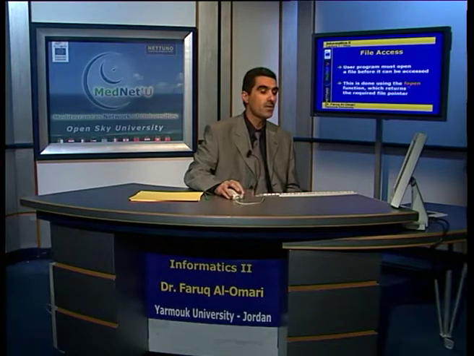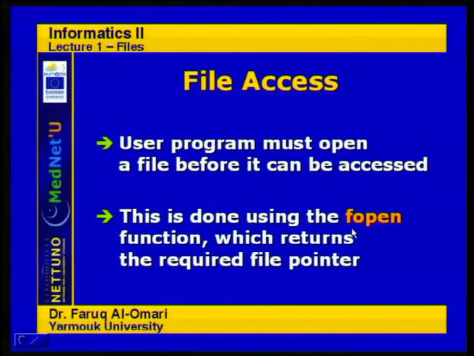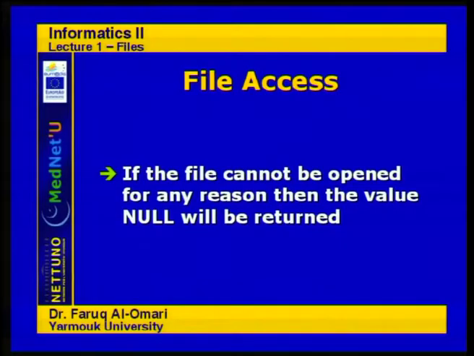In C, we're going to be using a function called fopen, one word, fopen. This function is going to return the pointer for the file you're trying to access. If the file can't be opened for any reason, then the value NULL is going to be returned. We're going to elaborate on this null pointer later on.